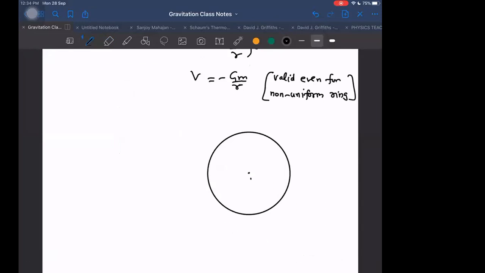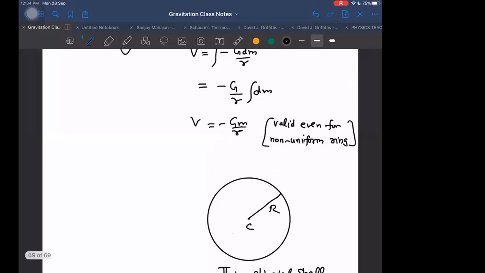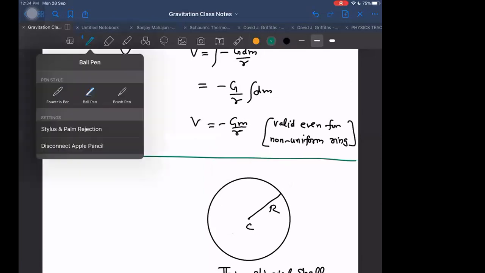The center of a spherical shell. Yes, the center of the sphere. Spherical shell I should mention. Continuing. For this case also the same thing.